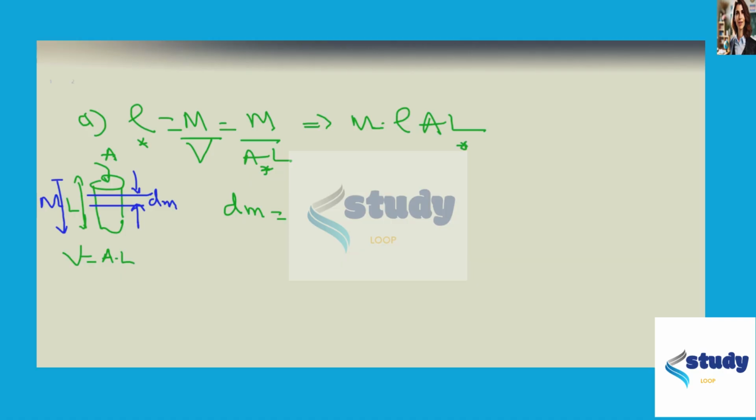This distance right here becomes dx. So instead of L, actually we should do it on the other side, so we don't confuse it with the mass itself. On this side we should have said that the infinitesimal length, that's the dx, and then the infinitesimal mass is the dm. The whole mass is capital M. So we want to see those relationships.